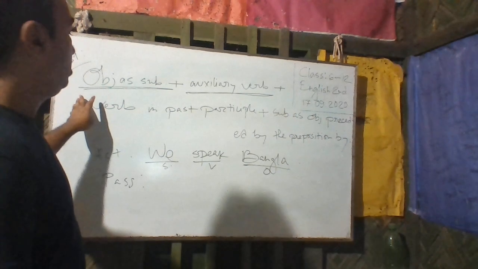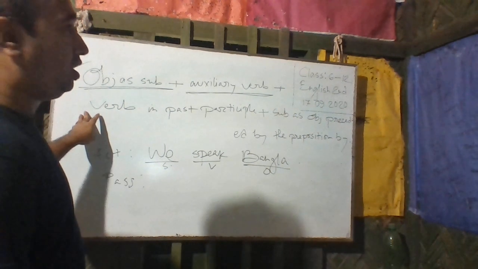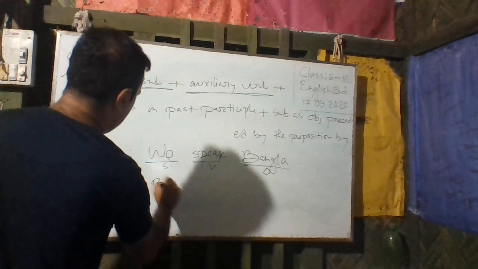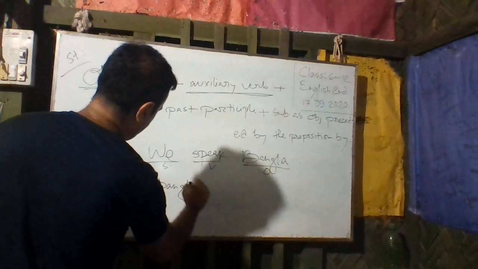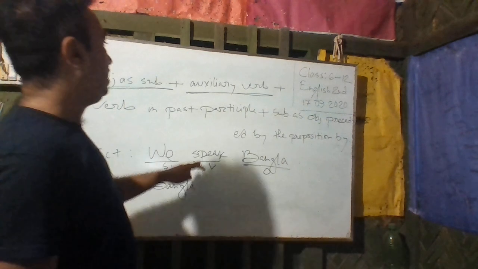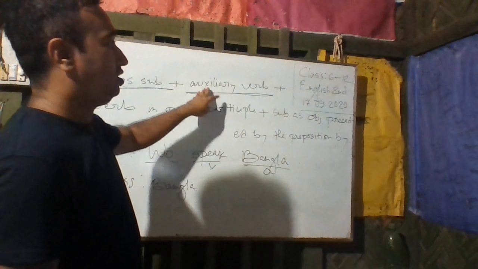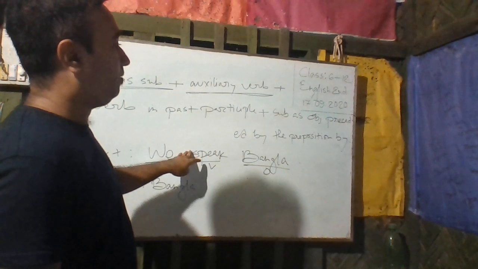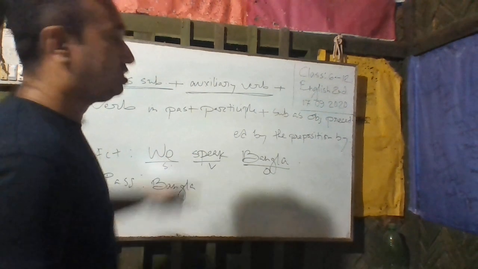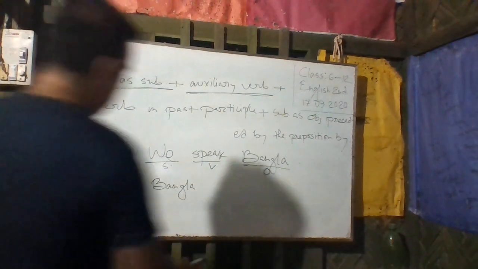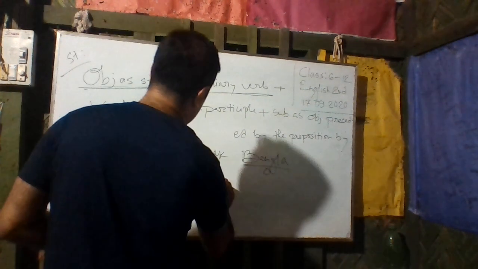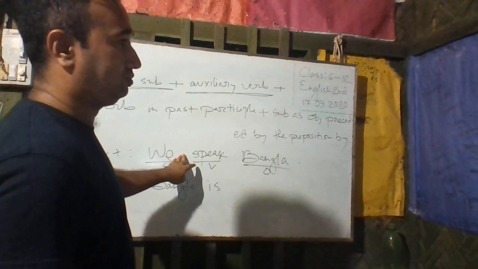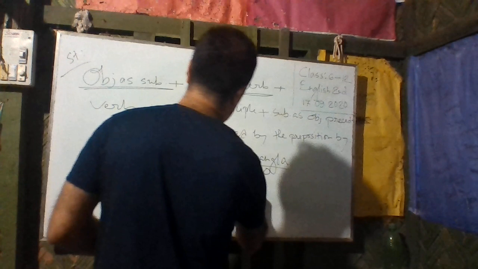First of all, I will place the object as the subject of the passive sentence. Bangla. Then the auxiliary verb. What auxiliary should I use? If the verb is in present form in the active voice, then you have to use the auxiliaries am, is, are. Here I will use is. Bangla is. Then the past participle of the verb speak, spoken.